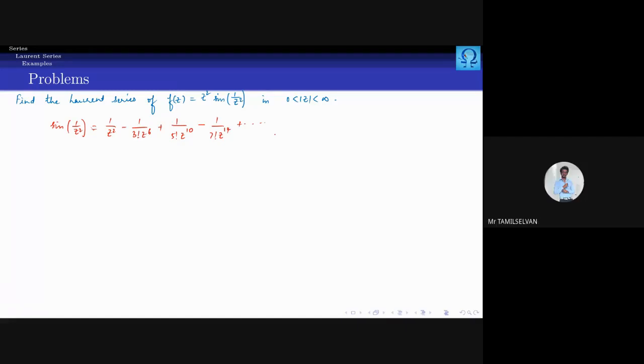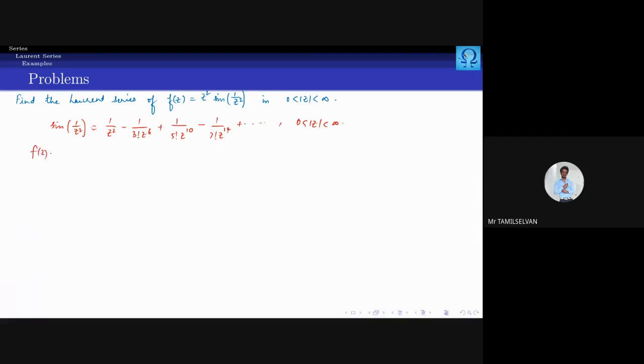Okay, your sine is entire C. Good. So you have sine 1 upon z square. It means it has a problem at only one point, and that point is 0. Am I right? Yes, sir. So in the entire plane, you just remove 0. So this expansion is valid in this region. So this is the region in which you are asked to find out the expansion. So we have this.